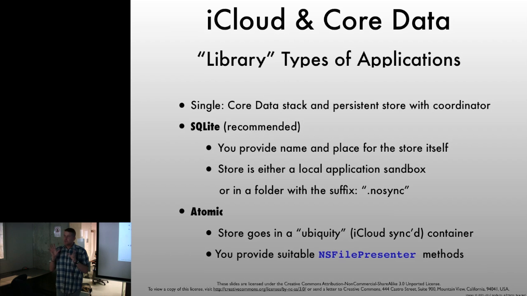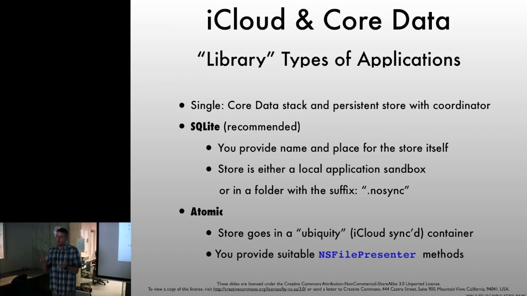So you could store the database up on iCloud and not even keep a local version, but you definitely don't want that synchronizing each time that database gets updated. You can use the Atomic store for library applications. The store itself goes into a Ubiquity container. You'll see Ubiquity used all over the place.